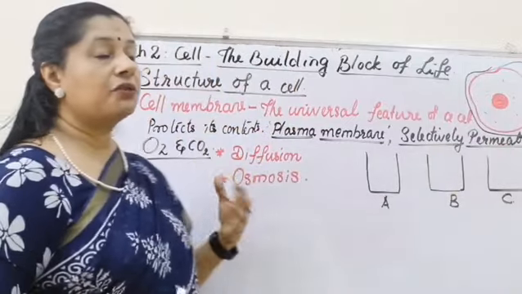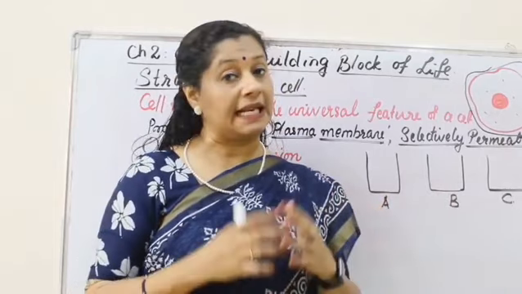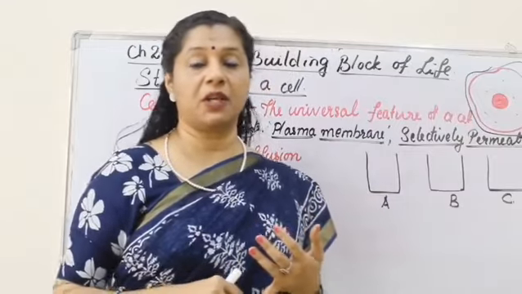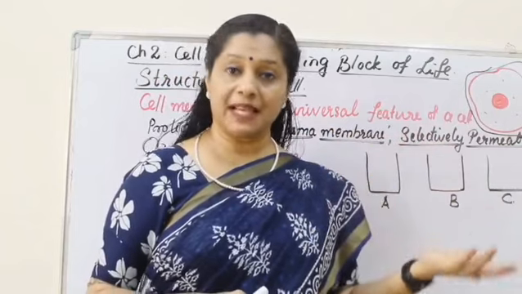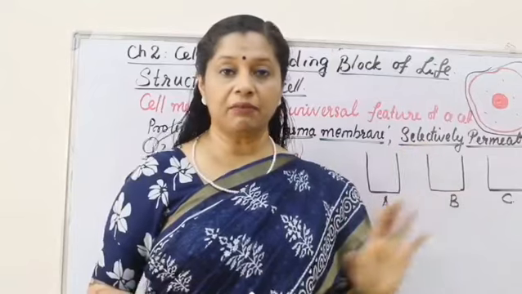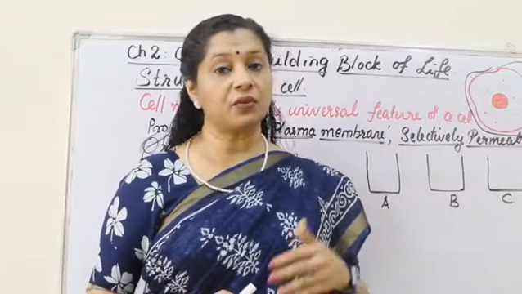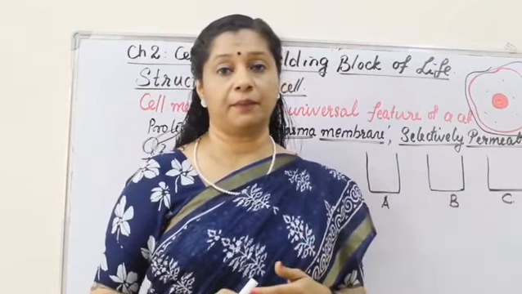Now we are going to the concept of movement of substances in and out of the cell, because the cell needs a lot of things, starting from the gases, that is oxygen for respiration, and the carbon dioxide formed after respiration needs to be expelled out. For all these, what is required? The membrane should allow the movement. Then the cell needs water, so the water also has to come inside, and if excess water is there, it has to go out.